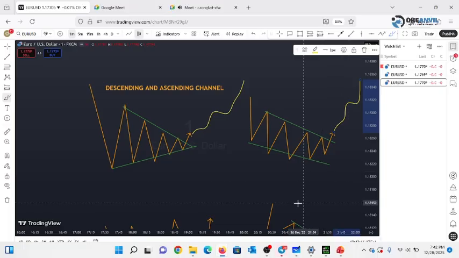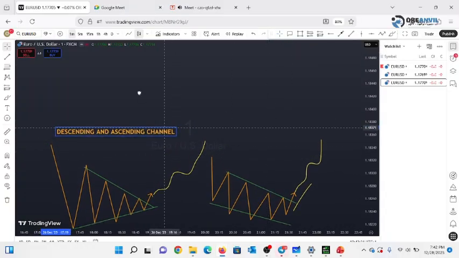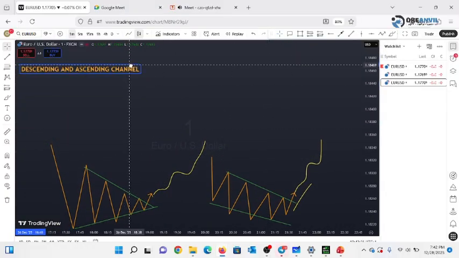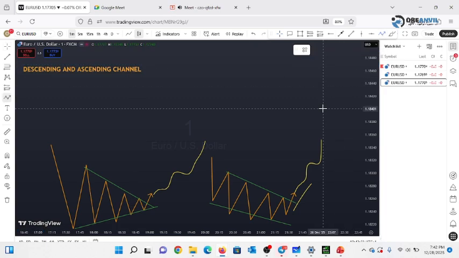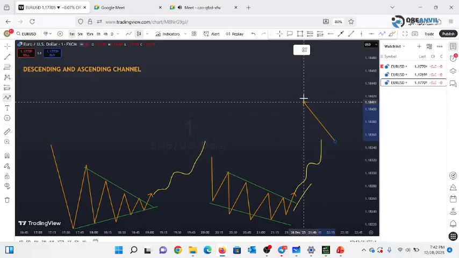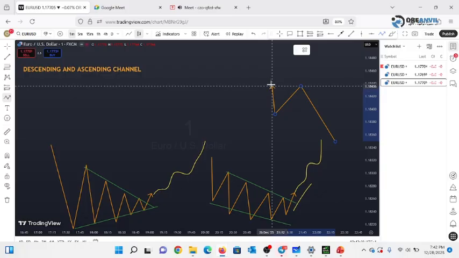Then how does an ascending channel look like? An ascending channel will look something like this. An ascending channel is the opposite of your descending channel. So an ascending channel will be going to the upside. It's bullish. Market begins to do this.